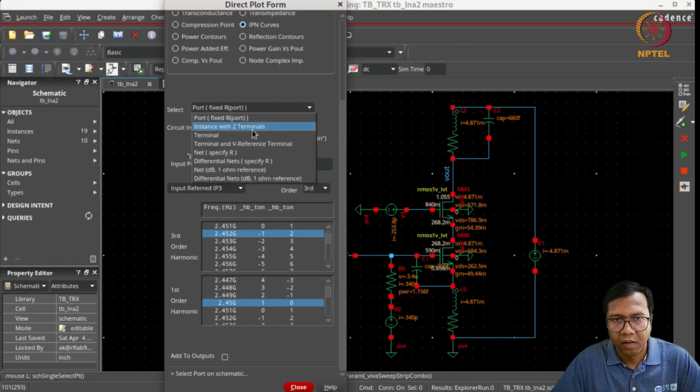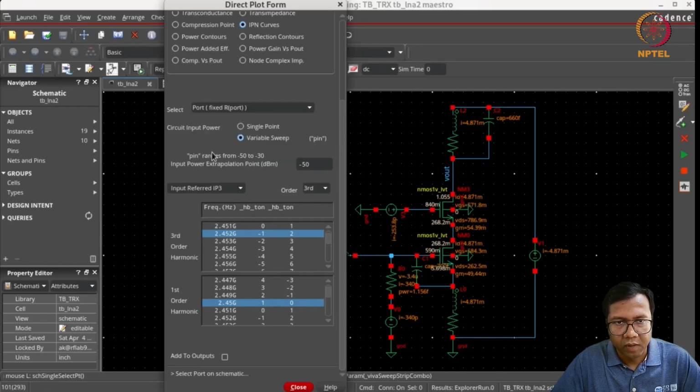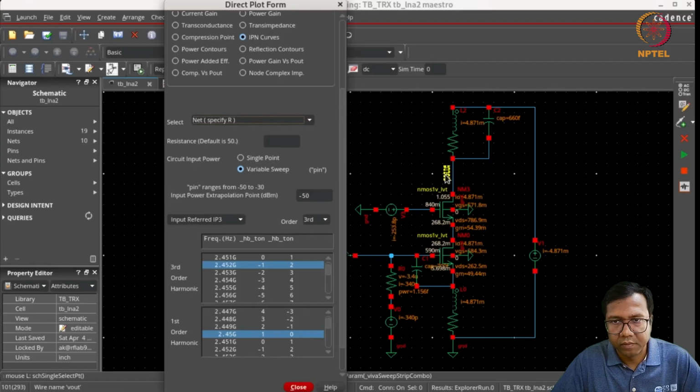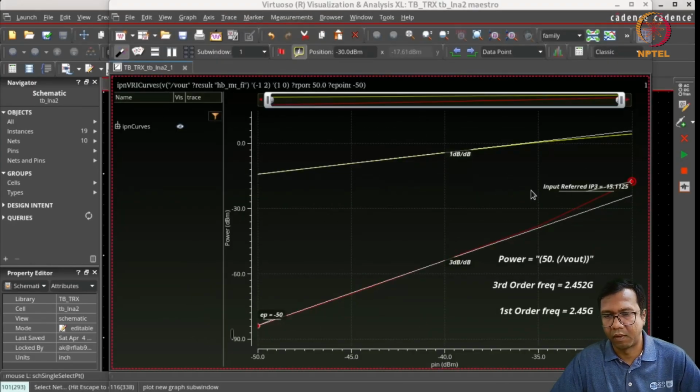And we will be finding the IIP3 corresponding to the output node Vout. Okay. And here we can see that the IIP3 is coming out to be minus 15 dBm, which is very close to minus 16 dBm, which we derived for meeting the in-band blocker specification.